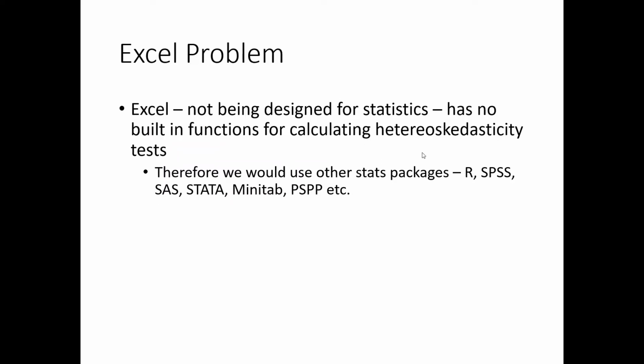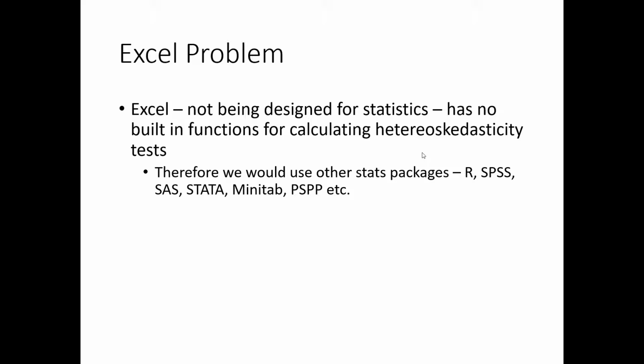Now, Excel is a package that was designed for very simple number crunching, mostly for accountants. Later on, it was thought that we should glue on some stats because a lot of folks are using it for statistical procedures, to make it a little simpler.